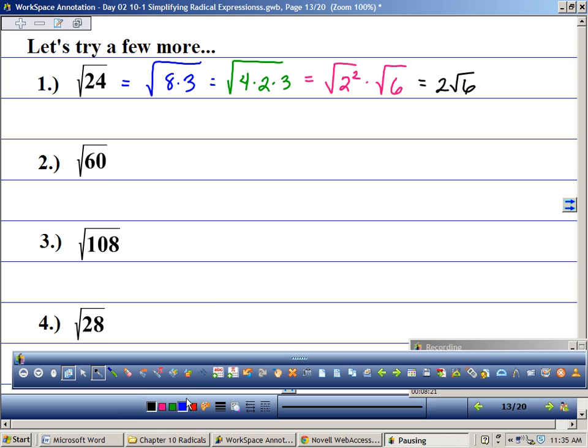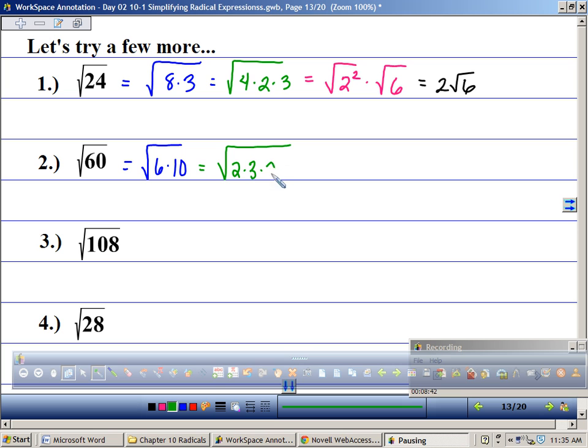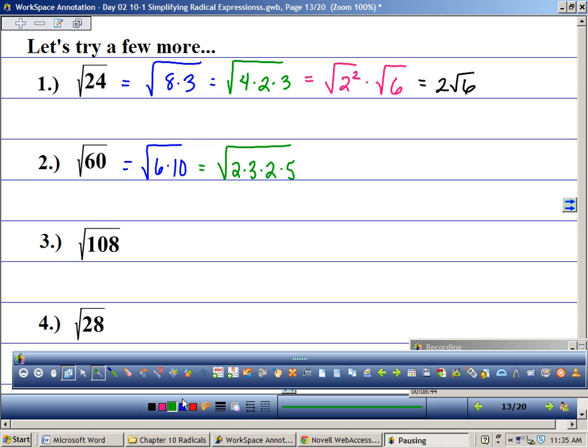Let's try the next one. Square root of 60. What do you see in there? 6 and 10? Okay. 6 times 10. Where can we go from there? Go ahead. 2 times 3 times 2 times 5.